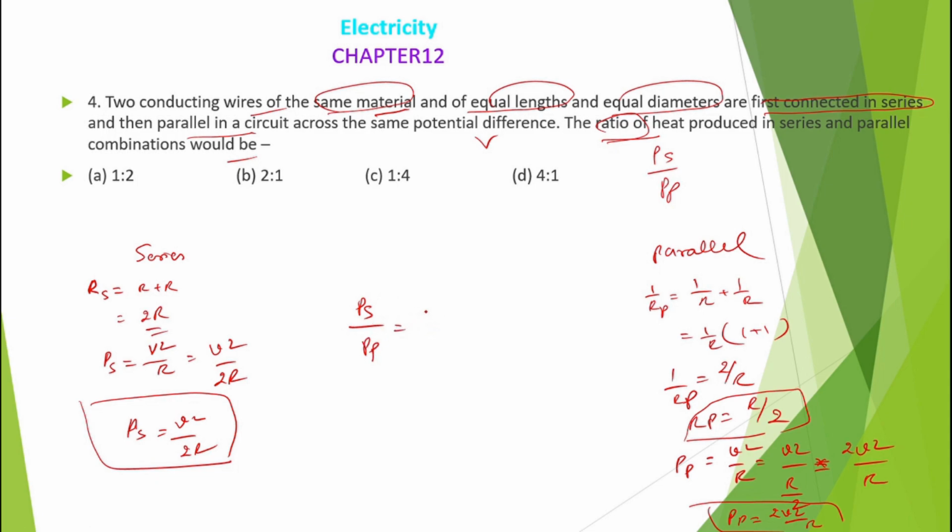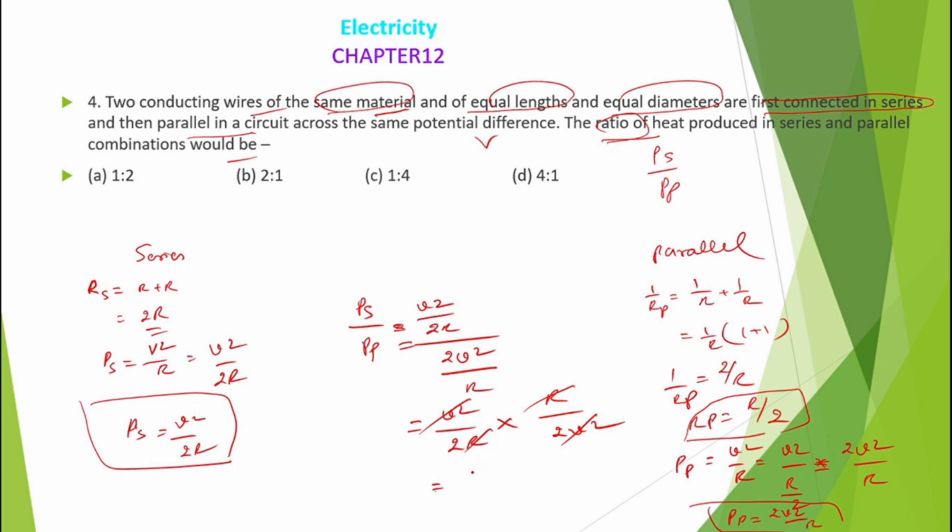So PS we are having V square divided by 2R, whole divided by 2V square divided by R. If you simplify this, you will get V square divided by 2R into R divided by 2V square. V square cancels. R cancels. So now what is left?